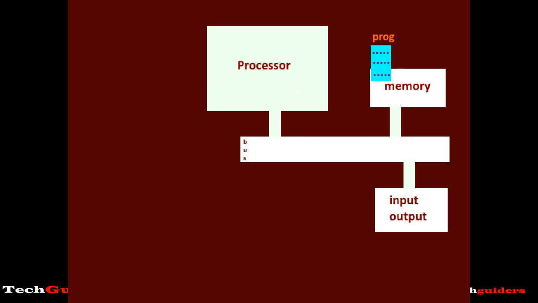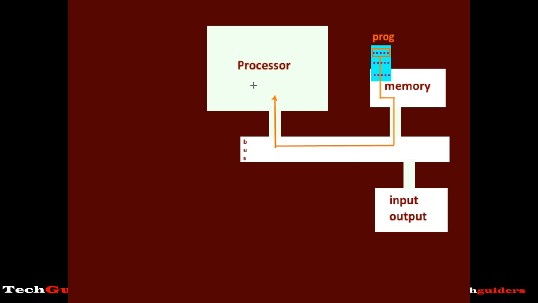These individual instructions are brought into the processor, meaning one by one the instructions are fetched to the processor, and within the processor that instruction is decoded to understand what operations that instruction intends to do and whether any data is required for those operations.